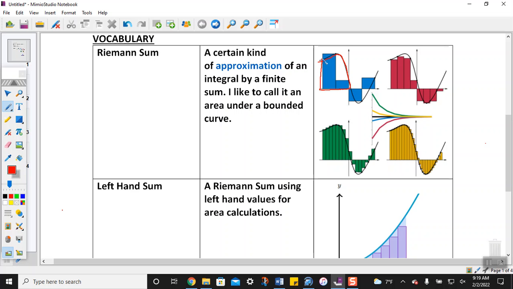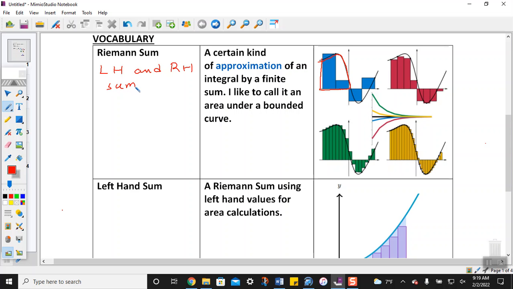So the thing I want you to understand is this. We're going to be talking about Riemann sums. Riemann sums are going to be what's known as a left hand and, I always abbreviate, a right hand sum. We're going to be taking the area of these rectangles and adding them up. So a Riemann sum, like I said, is a certain kind of approximation of an integral by a finite sum.